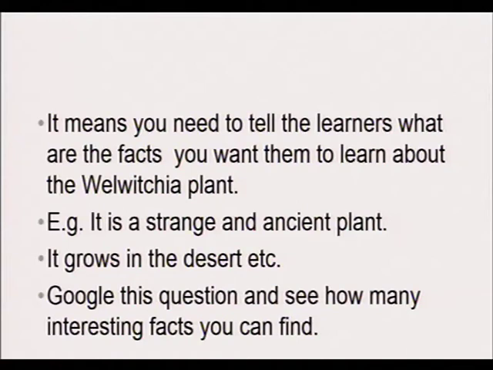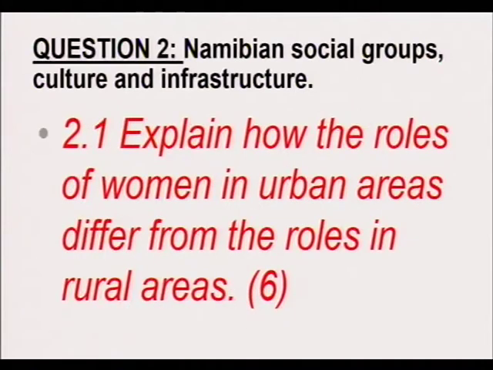For example, it is a strange and ancient plant. It grows in the desert, etc. You can also Google this question and see how many interesting facts you can find about the Welwitschia plant.